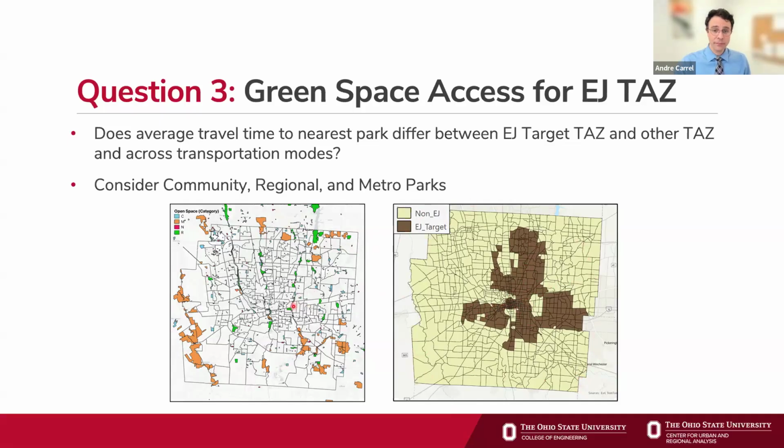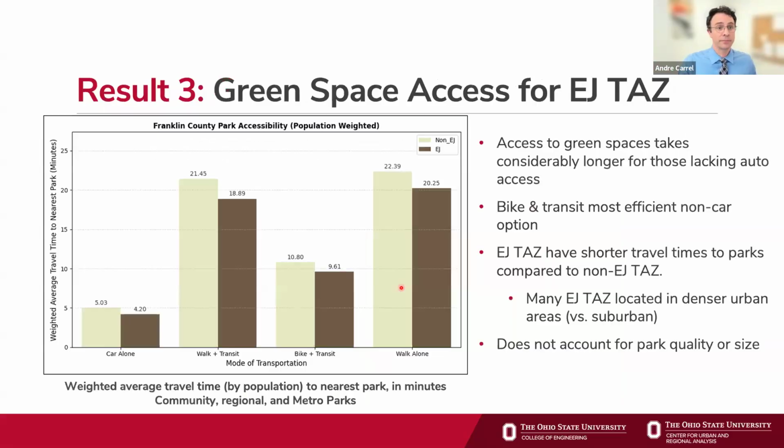And so we wanted to see how access would differ. Now, the average travel time to the nearest park is what we are considering here. So we are not taking into account the differences between the parks, at least in this analysis. We're just looking at how long it would take you on average from any given starting point until you can reach a medium to large size park for recreational purposes.